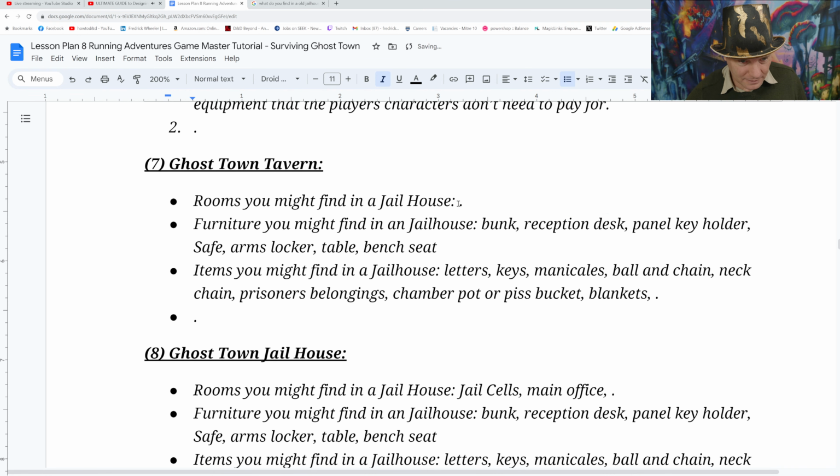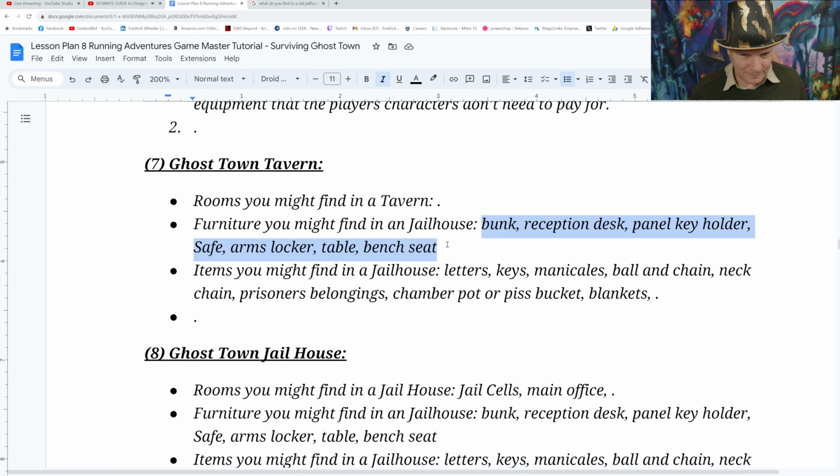Ditch that. And in a tavern, I want you to think old tavern, old people, not new. Yeah, it'll be something else.